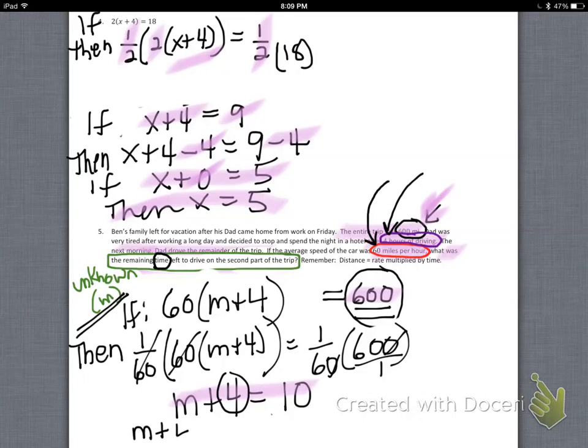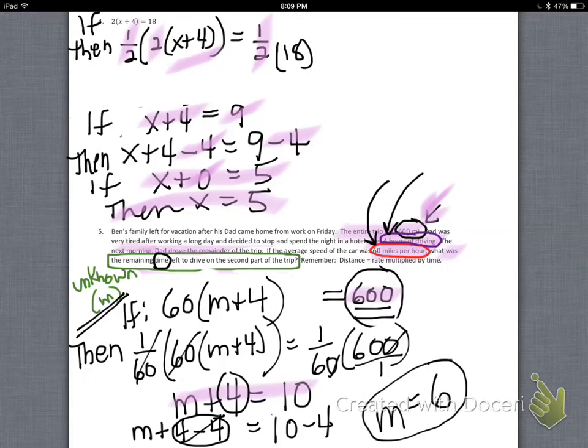M plus 4 minus 4, because that's going to get rid of that, equals 10 minus 4, because I have to do the same thing on both sides, and therefore we know m equals 6, because 10 minus 4 is 6. So that would be our answer right there. There are 6 hours remaining in this trip. 6 hours.